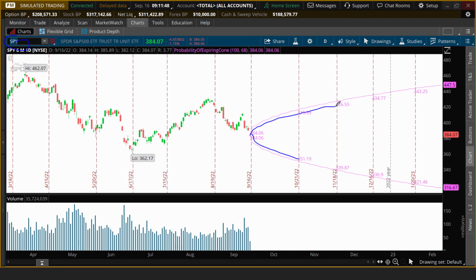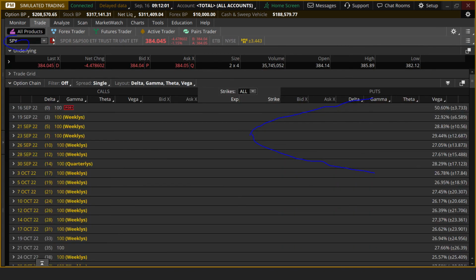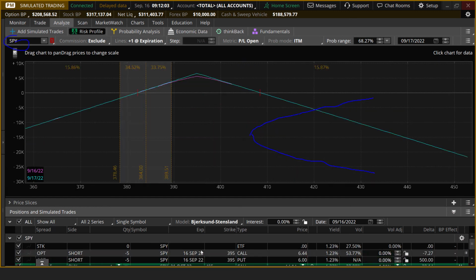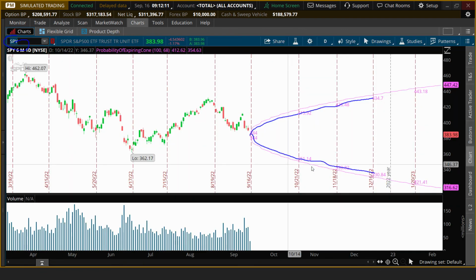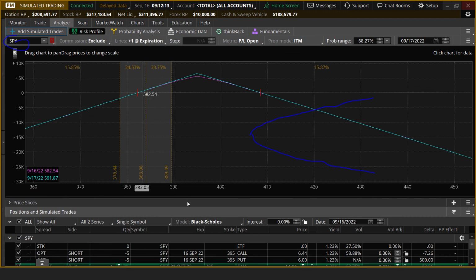And then this one would go up to here, and this one would go down to here, and so forth. And it would look very, very similar to Thinkorswim's, what do they call it, the Bjerksund-Stensland pricing model, right? Now, if I were to change it to Black-Scholes or whatever, it would change what this probability looks like a little bit.